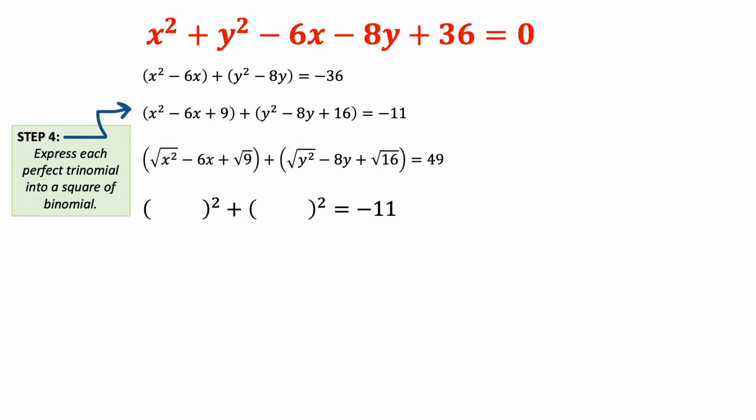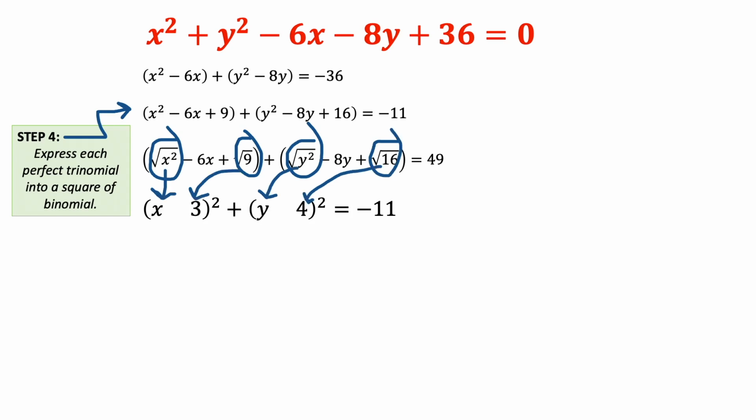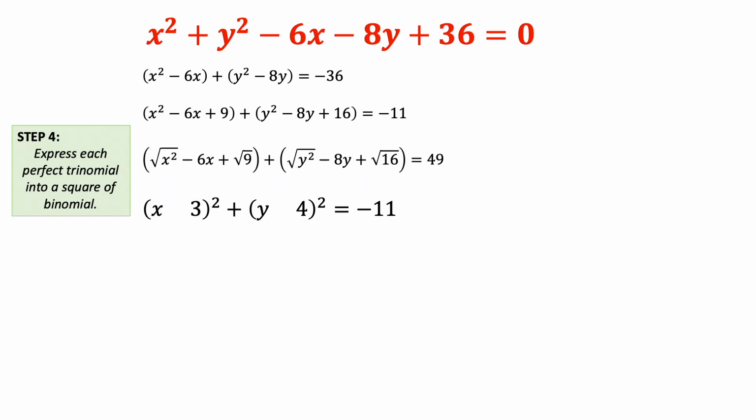To do this, we need to get the square root of x squared, 9, y squared, and 16, which are x, 3, y, and 4 respectively. We are sure that the operation between x and 3 and y and 4 in our two square of binomials are both subtraction because 6x and 8y are both negative.